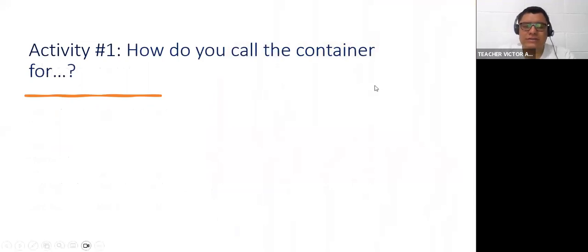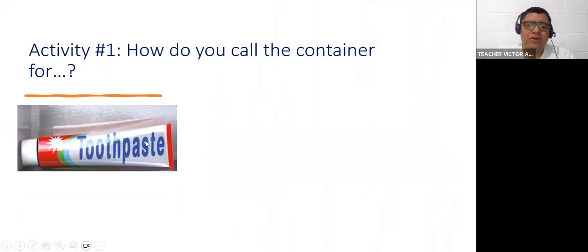So how do you call the container for these? Let's start with the first one. How do you call this container, guys, for toothpaste? What's the name of it? Is this a bag? Is this a jar? How do you call this?